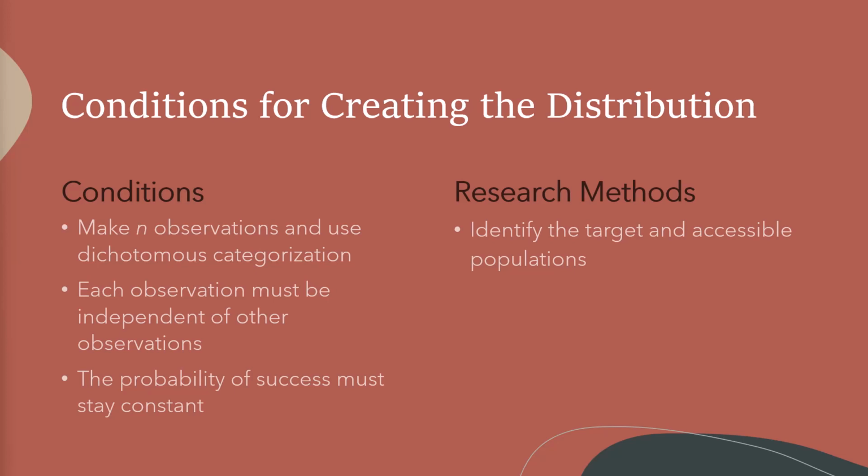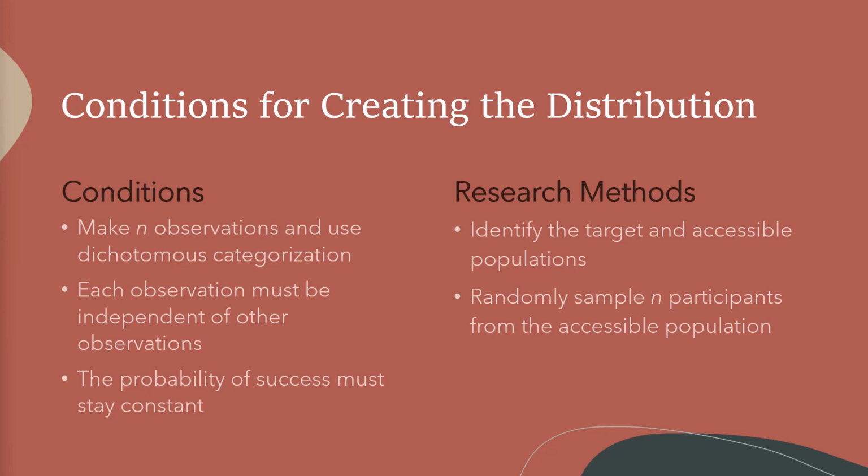Then we must randomly sample n participants from that accessible population, again making sure that these are sampled in a way that each individual member selected for our study is independent of the other members. We're not going to pull out, for example, an entire class of students as the members of our sample because we would expect those students to be related by the fact that they are in the same class.